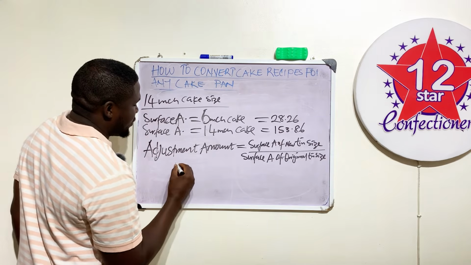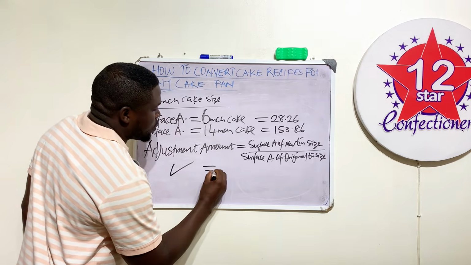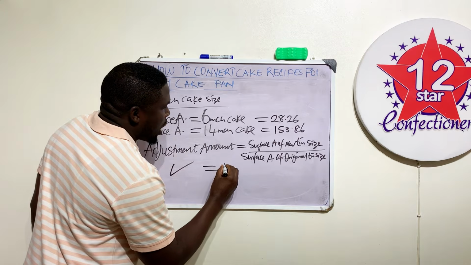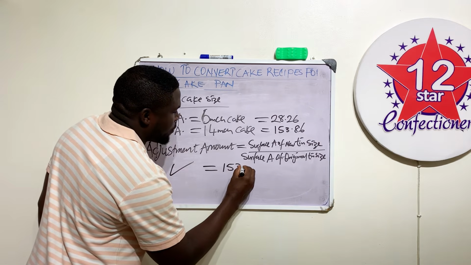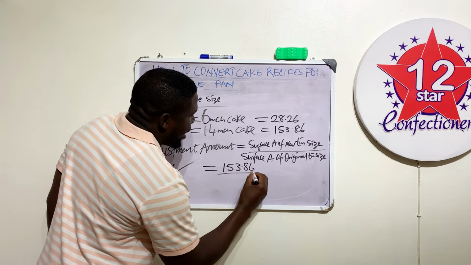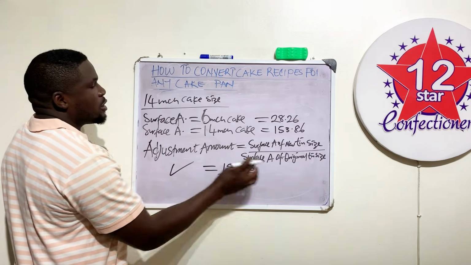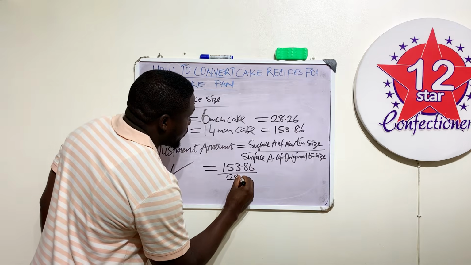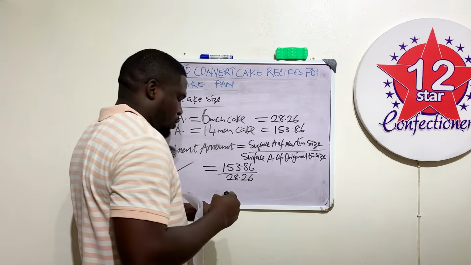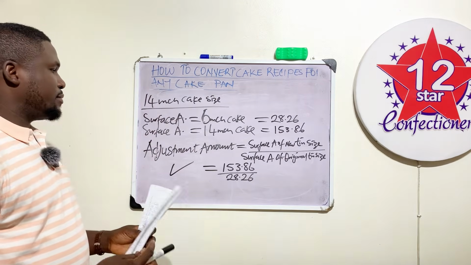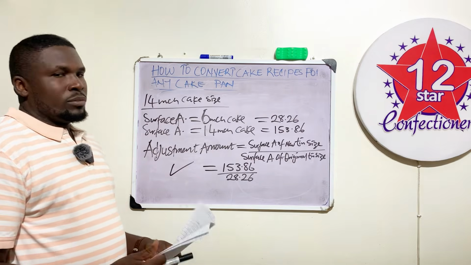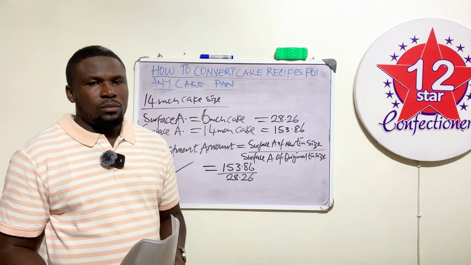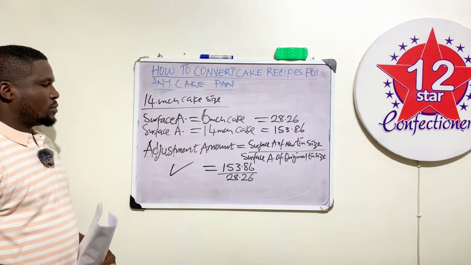Yes. So now I have that my adjustment number is equal to 153.86 divided by what? The 6 inches cake, which is a constant. I have 28.26. So divide it for me. Let's see the answer. 28 points.